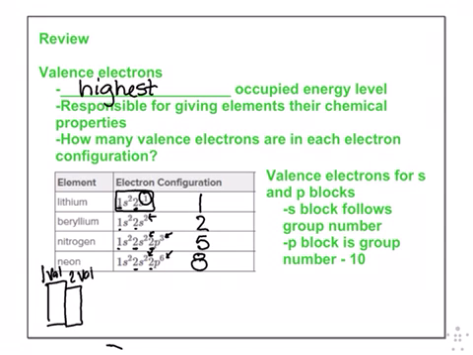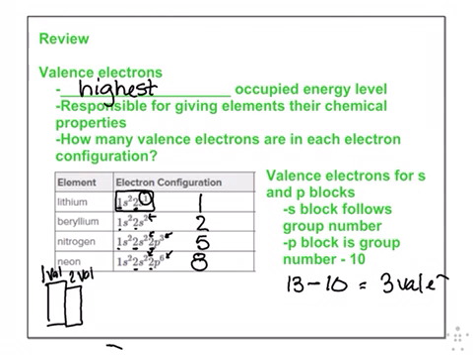In the P block, so that's starting over with boron, carbon, nitrogen, oxygen, fluorine, and neon, it follows this formula. It is the group number minus 10. So if we're in group 13, minus 10, we will have 3 valence electrons in all of those elements.